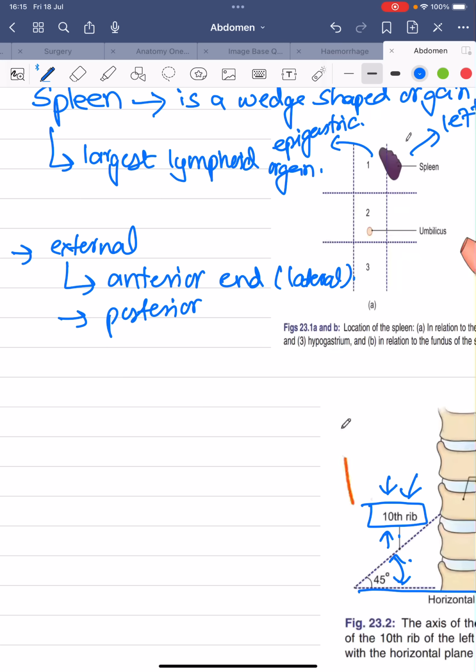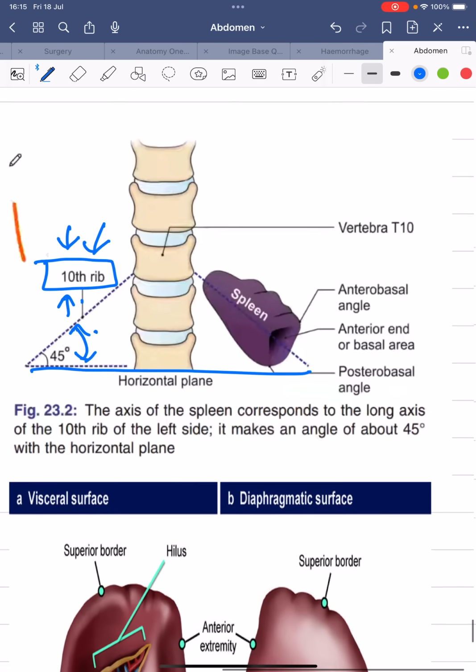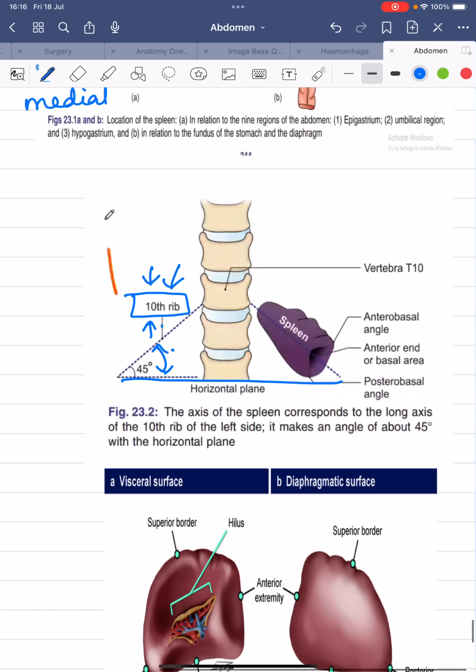In this diagram, this is the anterior end or basal area of the spleen, and this is the posterior end or medial end. Please remember, posterior is more medial. The posterior end is rounded, as you can see in this diagram, and it is directed upward, backwards and medially.